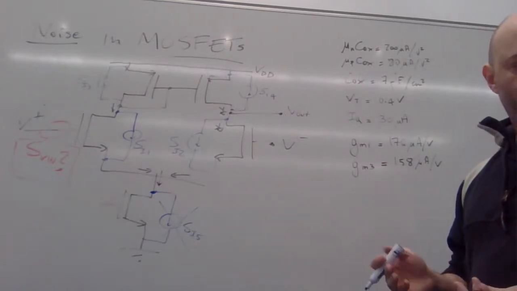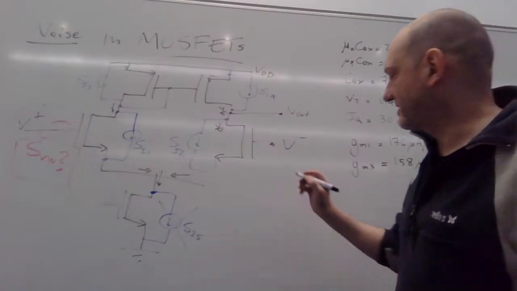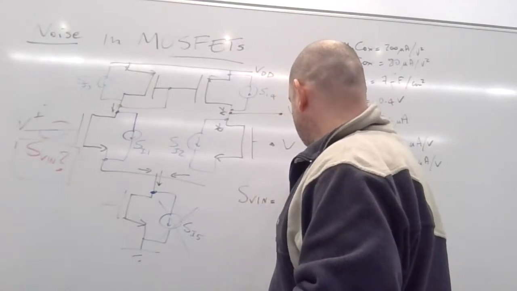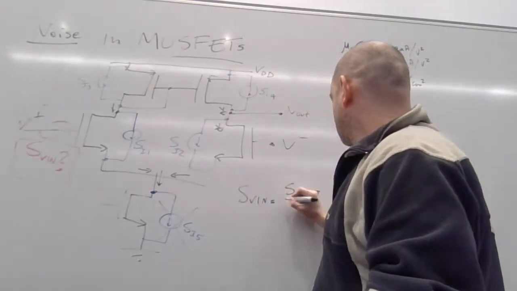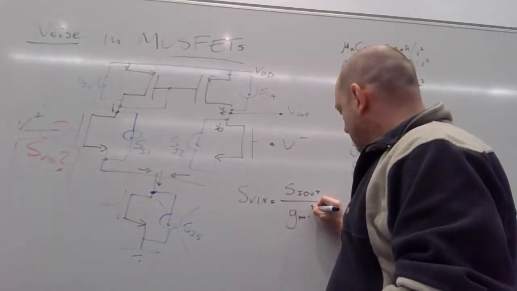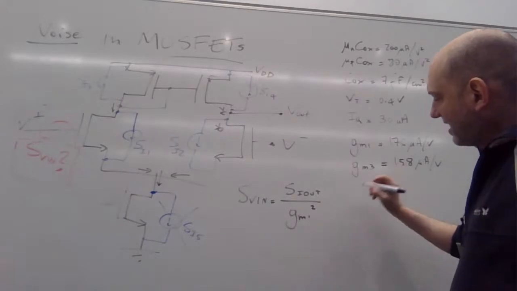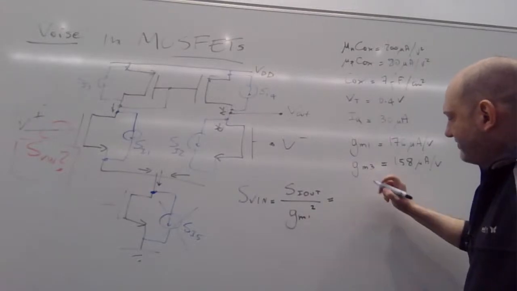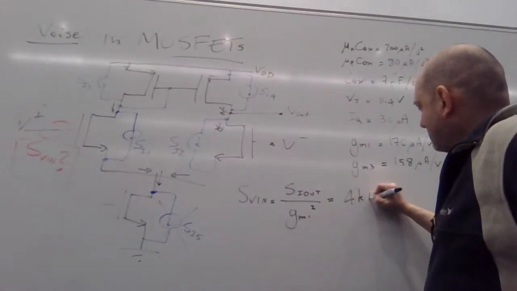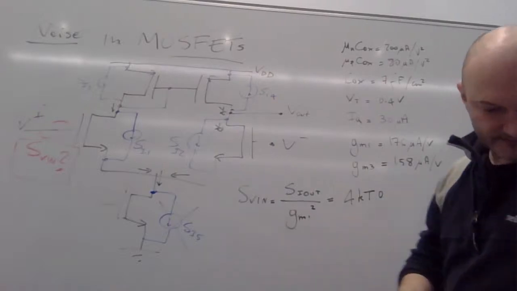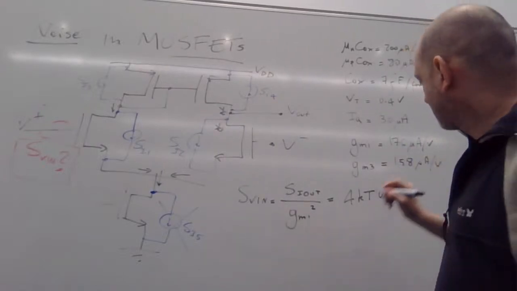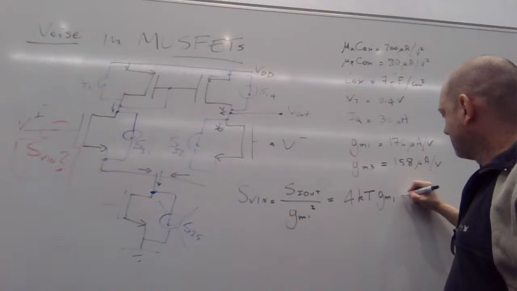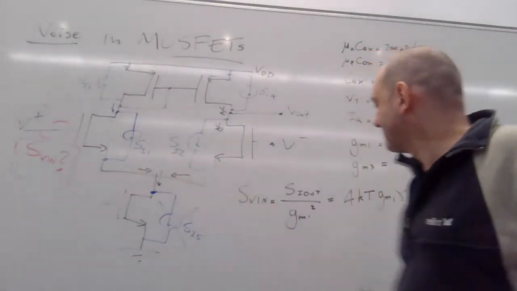Now we need to consider all the contributions. As we've seen, our SV in is equal to SI out divided by GM1 squared. So we need to consider all the noise of the four MOSFETs there. We have 4kT GM1 gamma, this one will be I1.